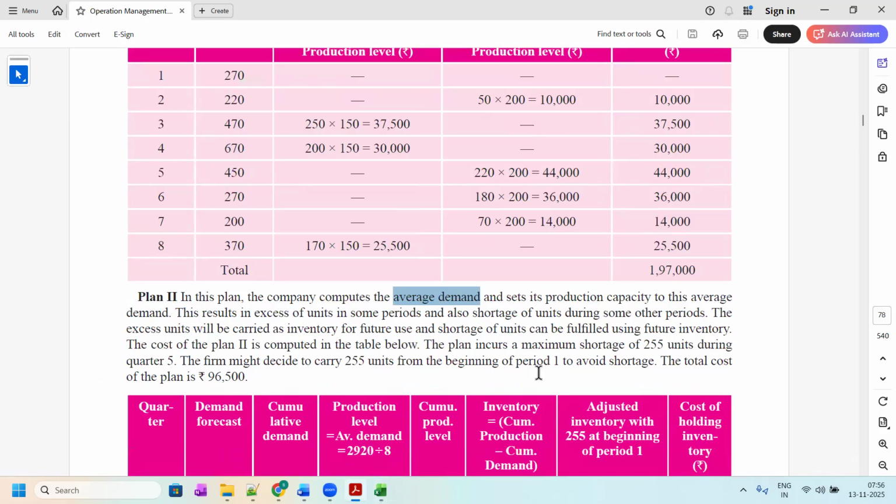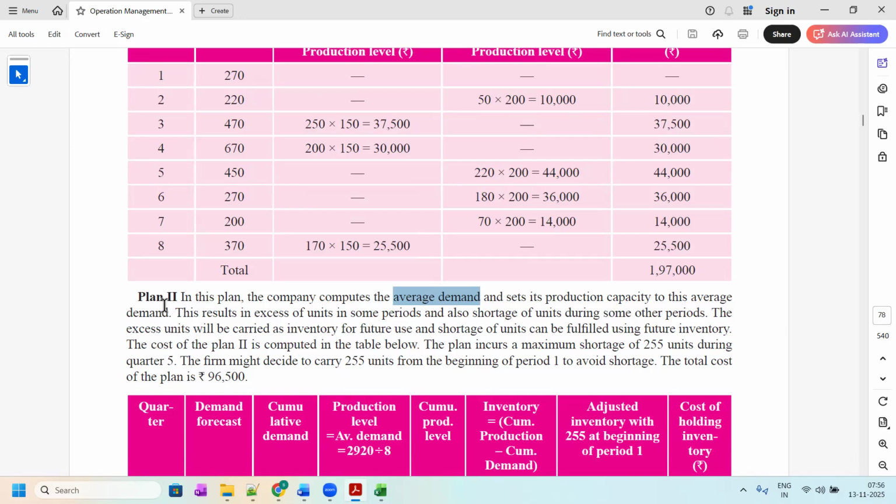So in plan 2, the company computes the average demand and sets its production capacity to this average demand. For example, here we calculated 365 units as the average demand per quarter.